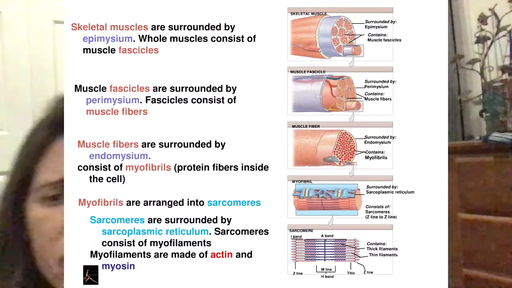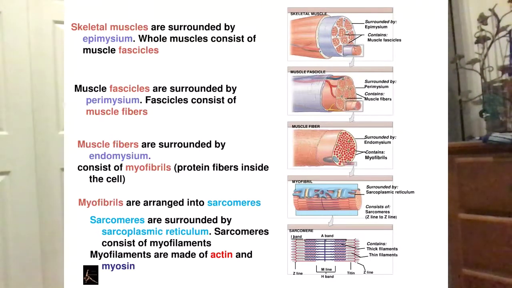This is a series of membrane that surrounds each myofibril, and its main job is that it stores calcium. It's going to control the release of calcium over the sarcomere, and also remove calcium that's surrounding the sarcomere at specific points. We're going to see that calcium is very important in triggering the contraction within these sarcomeres.